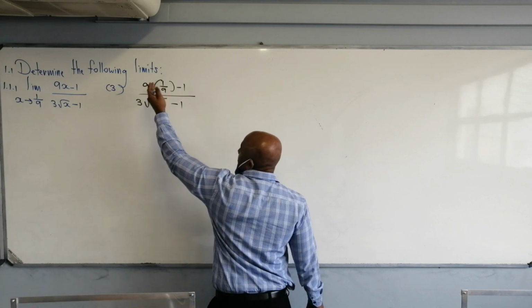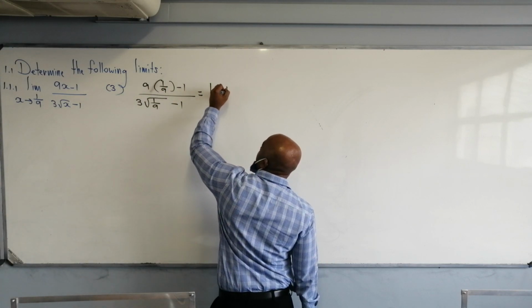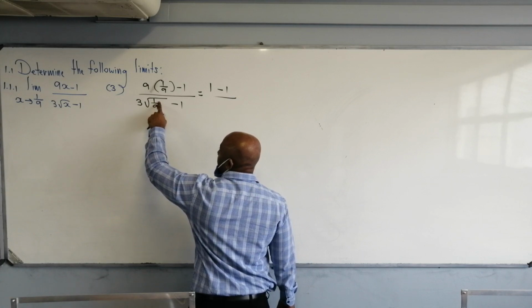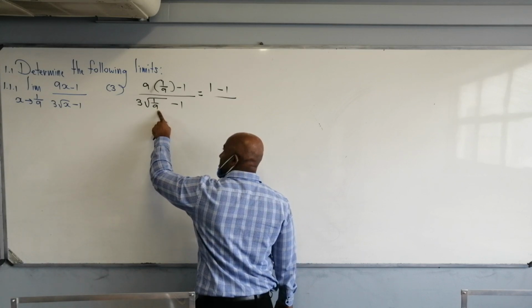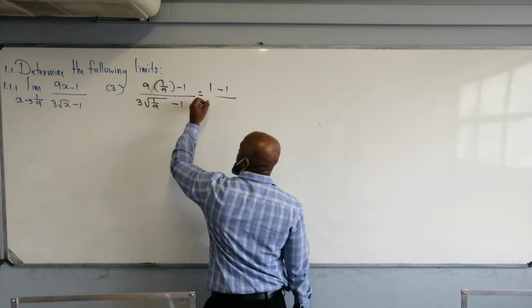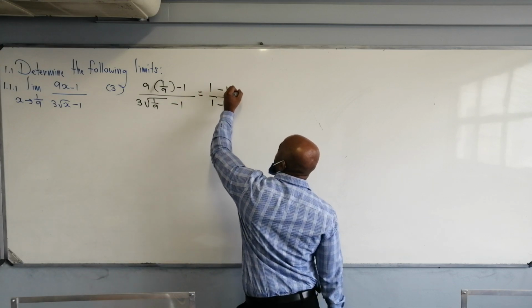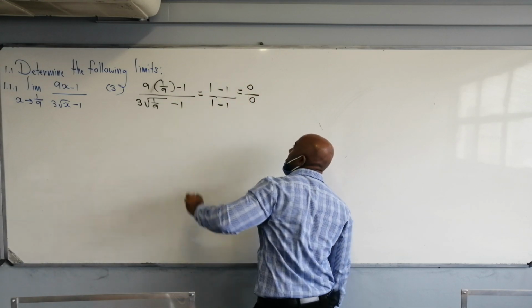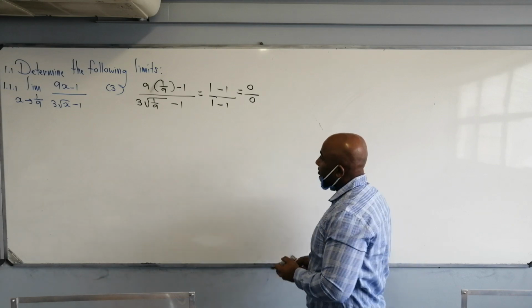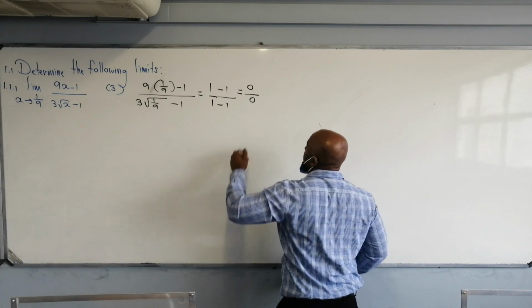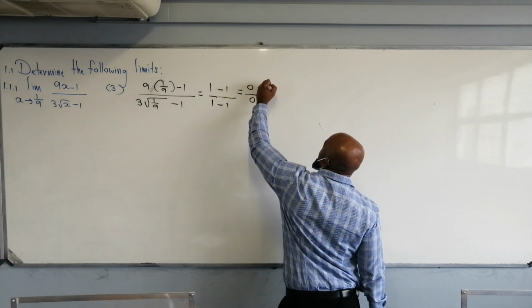So 9 and 9 will cancel. You end up with just 1 minus 1 at the top. The square root of 1 is 1. The square root of 9 is 3. So 3 and 3 will cancel. You end up with 1 minus 1 in the bottom. So that's a 0 over 0. Okay. So this is an indeterminate form.